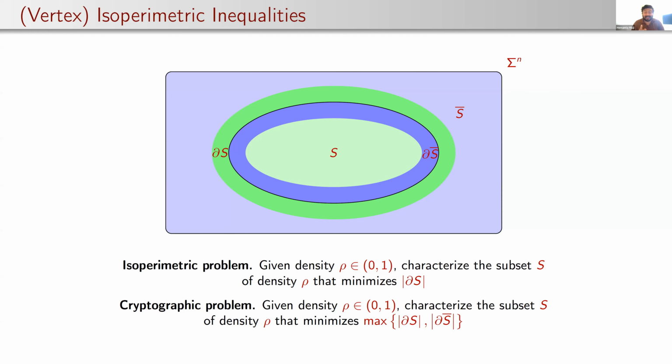But we have an efficient algorithm that recursively calculates it up to arbitrary precision. So this also motivates that you can study not just the L infinity norm of these two perimeters. You can consider smoothened versions of it like L1, L2, other various L norms. And we, in fact, study the L1 norm of this, which is well behaved. And it is a two approximation of this cryptographic problem.